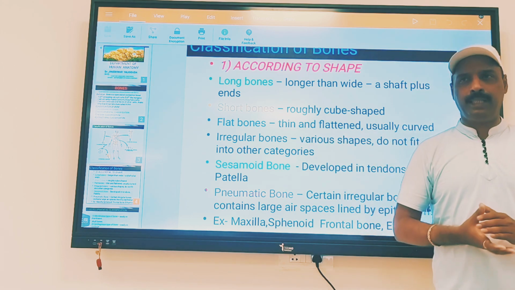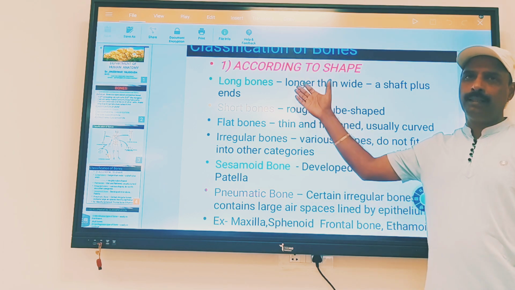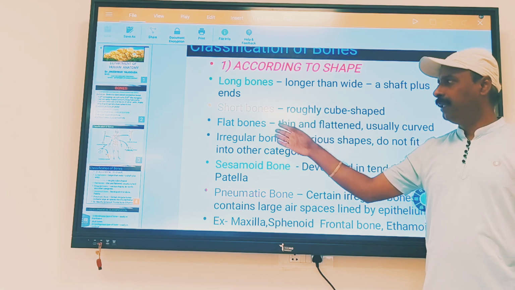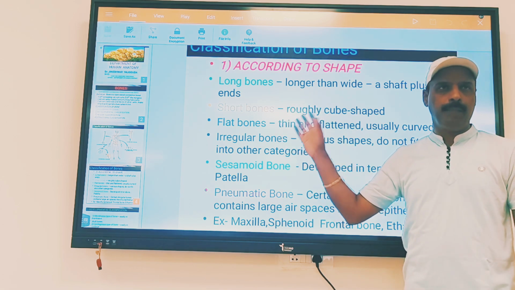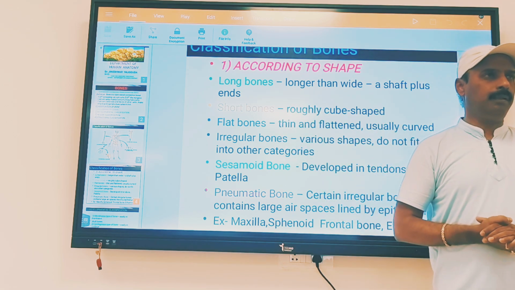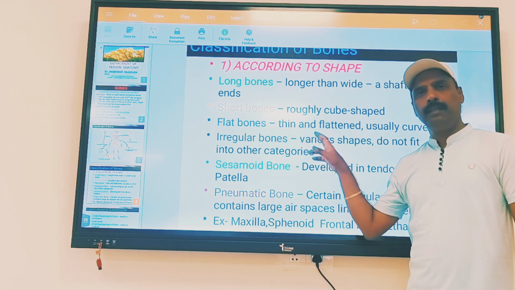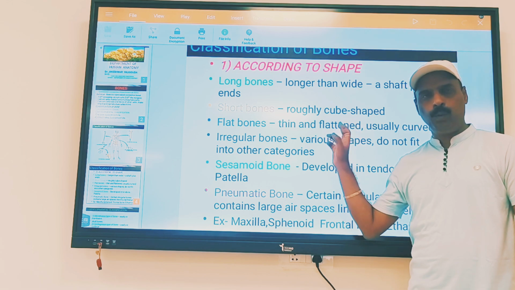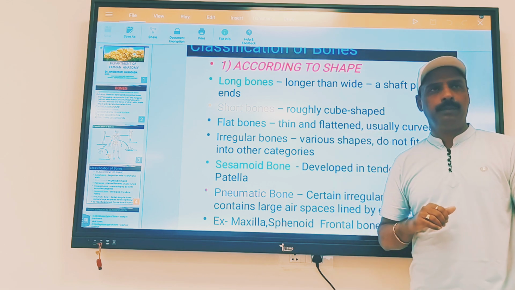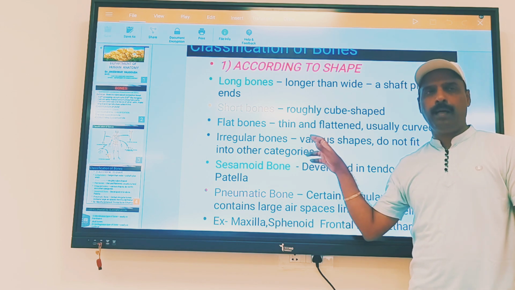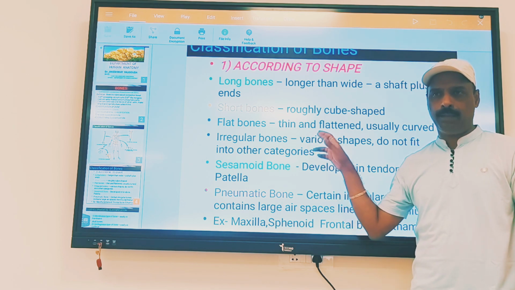There is no definite shape; they are neither long, short, nor flat. They have different appearances, so that condition we call an irregular bone. Examples are the vertebrae and also the hip bone.